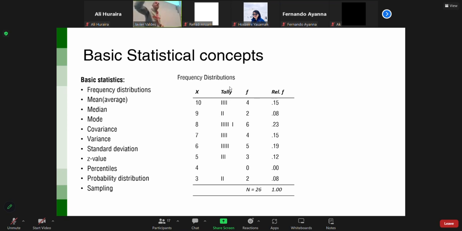N is 26, and we can also calculate the relative frequency, right? Is there an error somewhere? Or did I make a mistake? No? Sure? Something interesting? No. Okay.